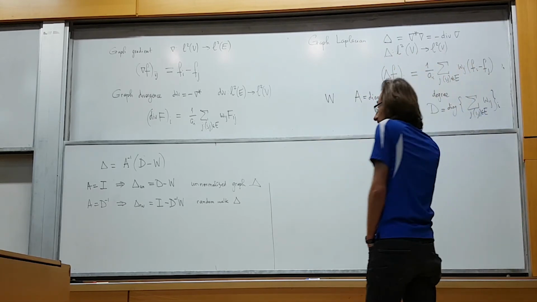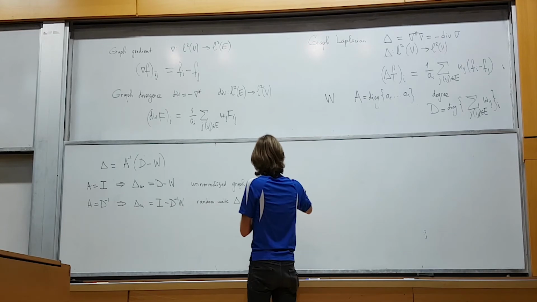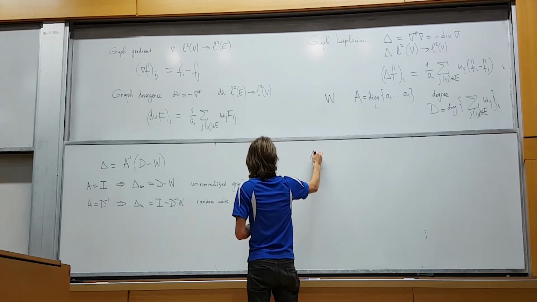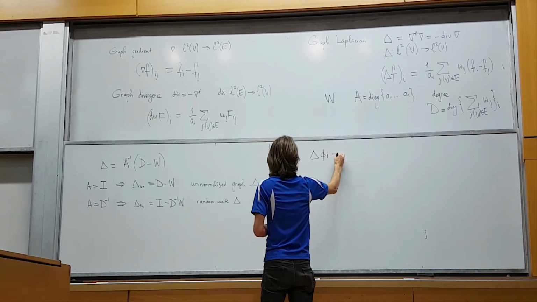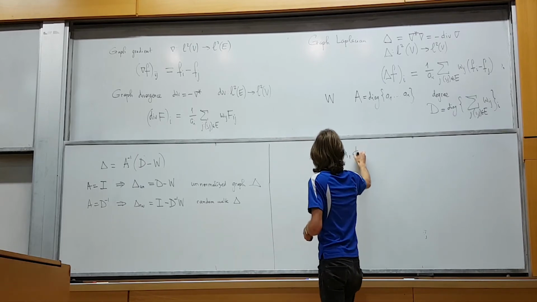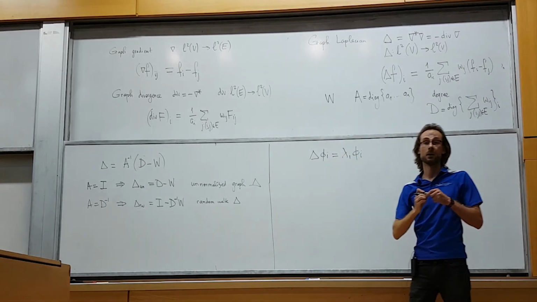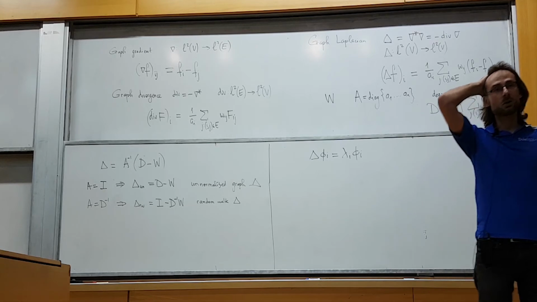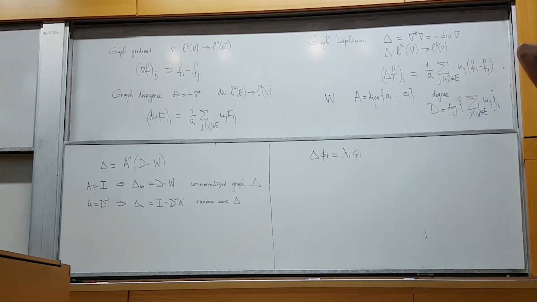So the Laplacian is a linear operator, and this linear operator will admit an eigendecomposition. Now, I told you that the Laplacian is a self-adjoint operator, right? What does it mean?